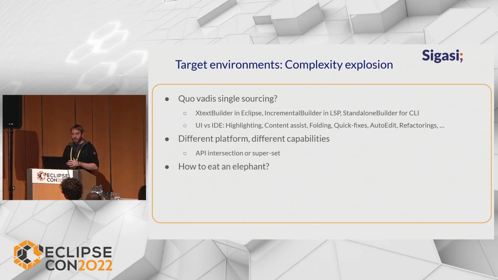As I already said, in the end we chose to go for an API that provides the superset, but the intersection is also fine, I think, if your resources are limited. This whole problem is a huge thing to deal with. If you're moving from an Eclipse plugin to VS Code, go slowly and incrementally. This felt like eating an elephant. It started, I think, 4 years ago, and we're still working on it.